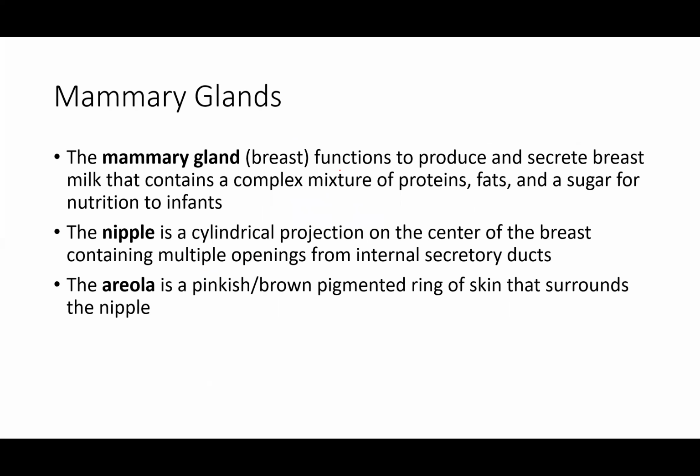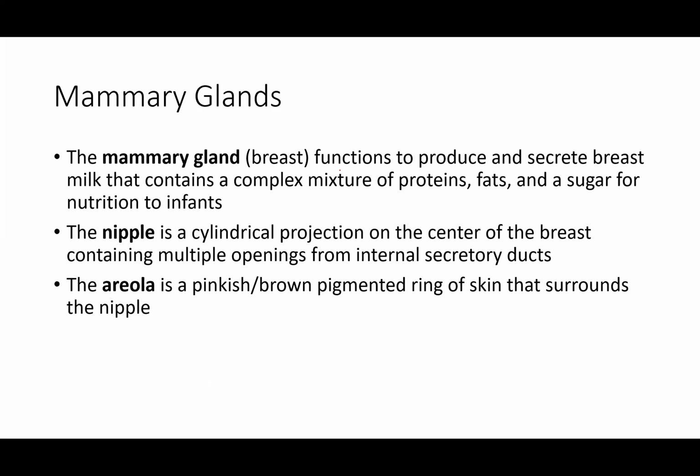Okay, mammary glands, found in the breast. They function to produce and secrete milk, which starts to occur during pregnancy. Prolactin is released along with oxytocin that helps with milk letdown and some other hormones.